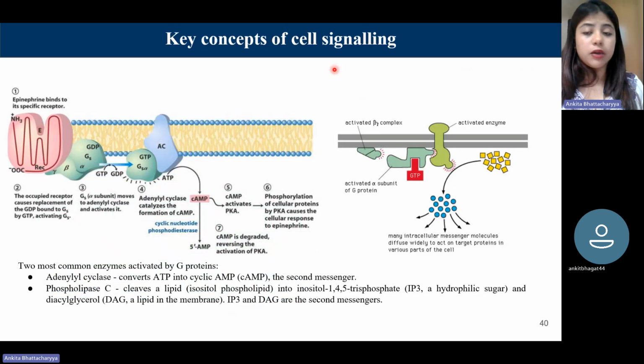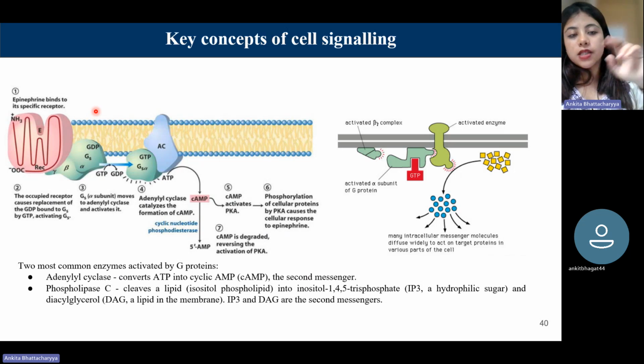So in this schematic, we had understood how GPCR signaling works. So you have a 7-pass transmembrane receptor, and when I say 7-pass, it means that it's a receptor that is traversing through the membrane 7 times. It is folded in such a way that it moves through the membrane 7 times.